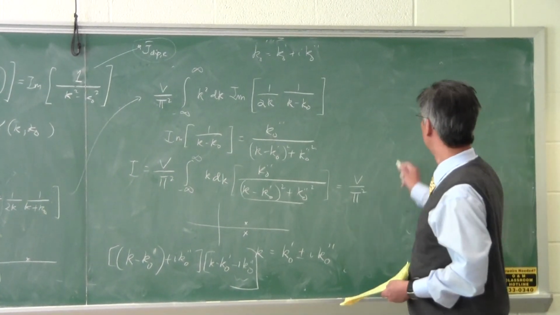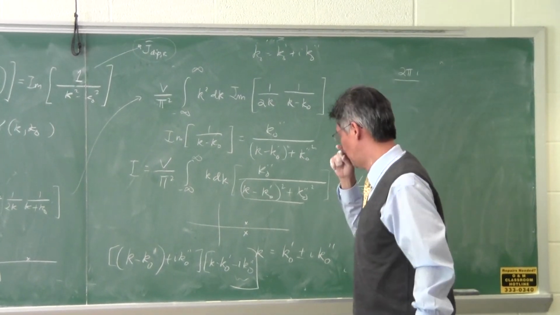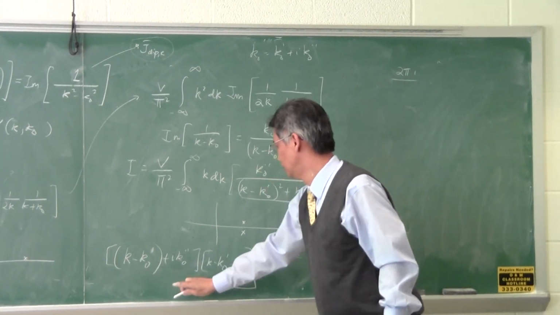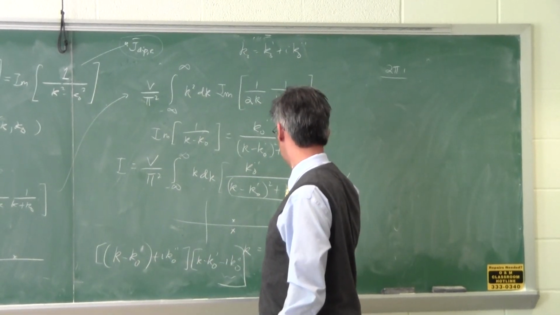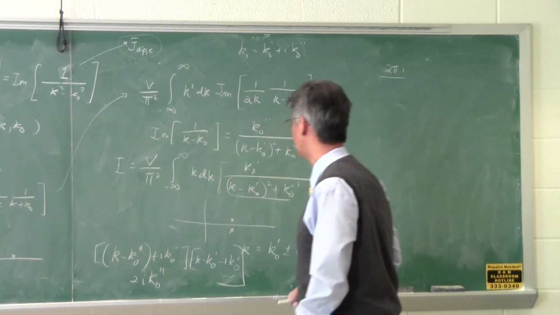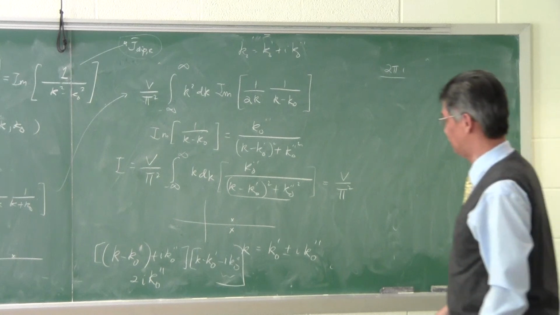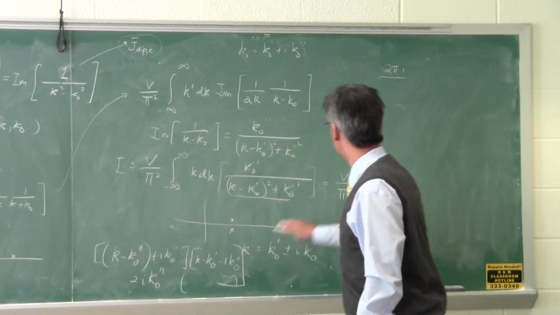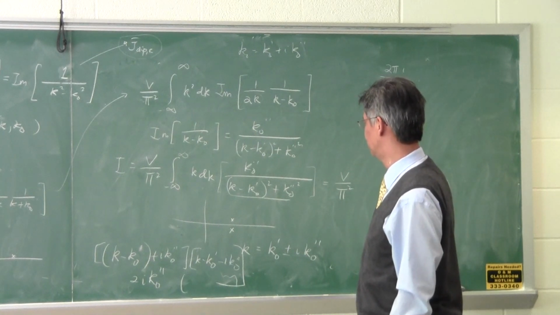Okay, pick up 2 pi i times the residue, but then in the denominator you also have this being equal to k naught plus i, so this becomes 2i k naught double prime kind of thing. Okay? Times this thing. And this thing contributes to 2 pi i, this thing contributes to that.